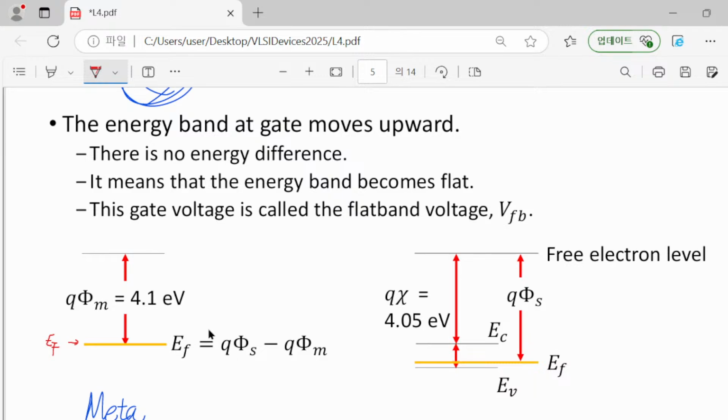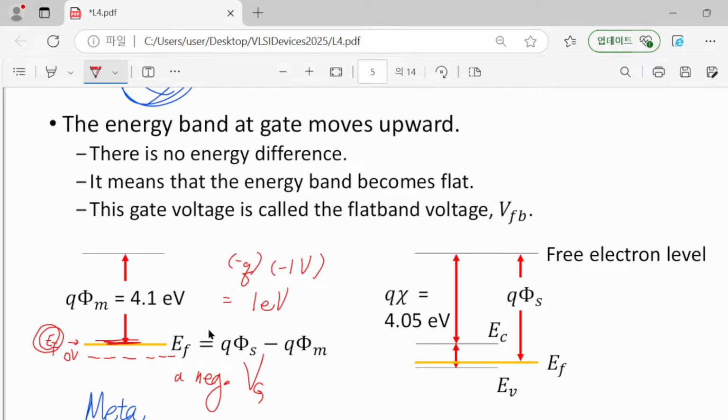So previously, that is the reference value. When you apply 0 volt, that was the value of your Fermi level. How can you make this diagram? If you wanted to place your Fermi level in this upward position, then you have to apply a negative VG value. Okay, because this is the electron picture, not the hole picture. So when you apply -1 volt, this is multiplied with our -q also.